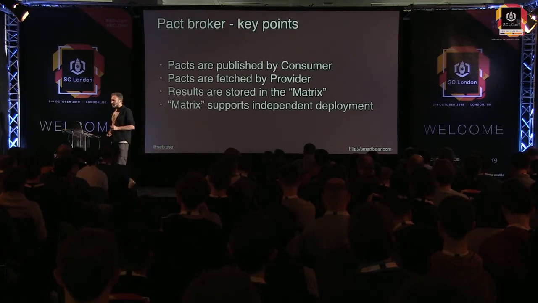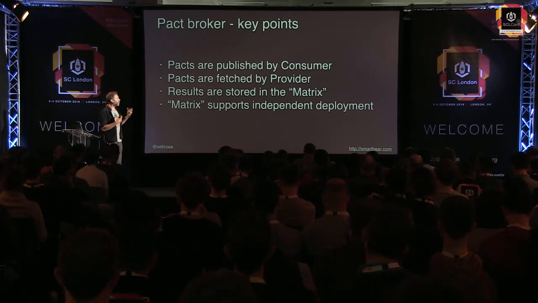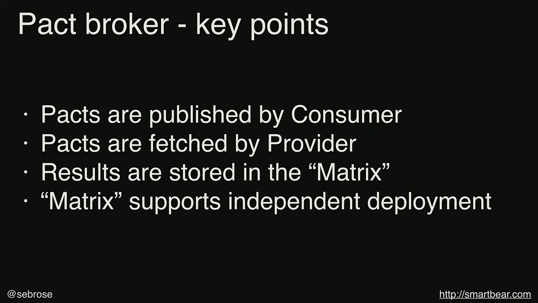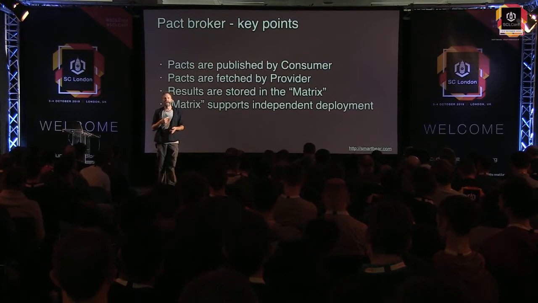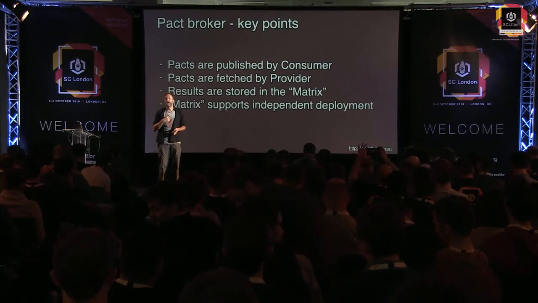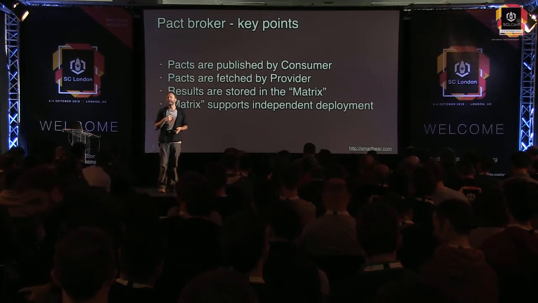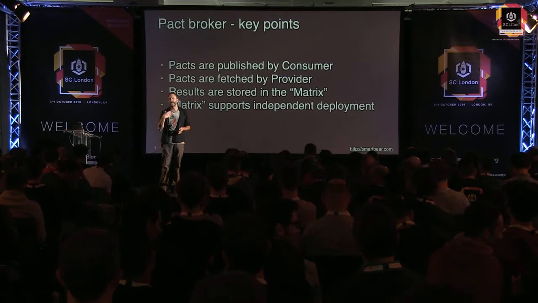So the Pact Broker key points. Pacts are published by the consumer. These JSON files, I really didn't mention it, did I? These JSON files are called Pacts, but they're not contracts as such, because they're just subsets of the contract. Essentially we're saying, I have a pact. I would like the provider to have a pact with me that it will behave in this way.